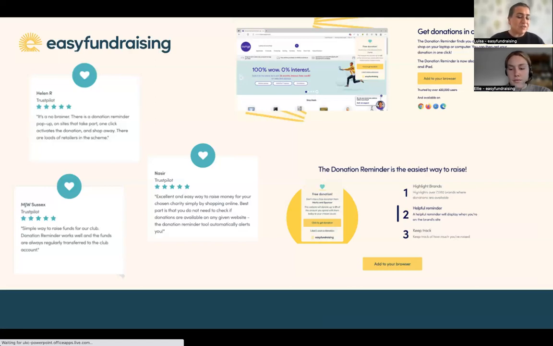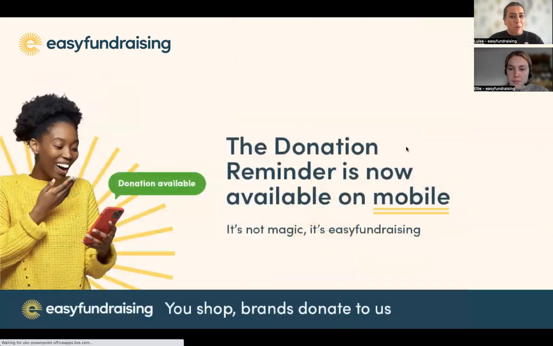As you can see, some fantastic feedback about the desktop version from some of our supporters, and just how easy it is to use through 3 key areas. It highlights the brands, it's a helpful reminder, and of course it helps you to keep track when you're shopping. So this originated on desktop, and we are very pleased to say it's now come to mobile.